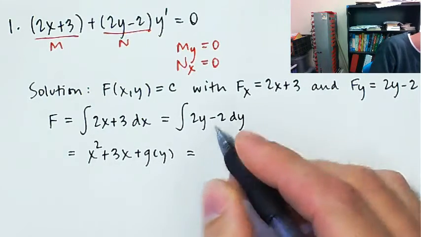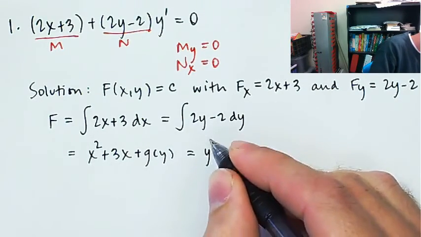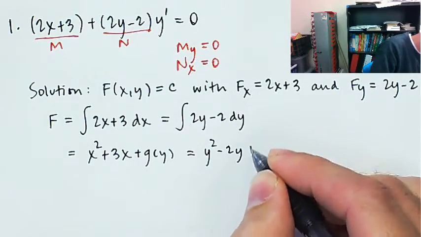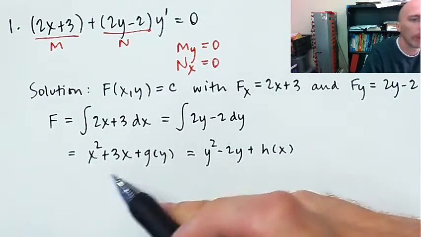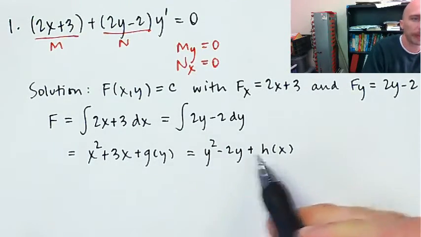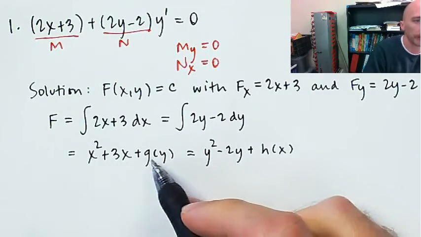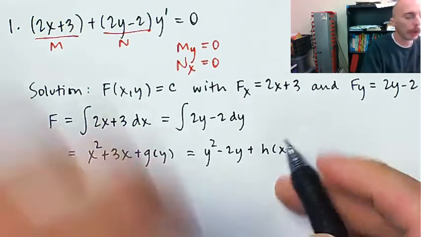Anti-differentiating the other gives y squared minus 2y, plus some other function that depends only on x. I can see that this other function of x is x squared plus 3x, and g of y is y squared minus 2y.